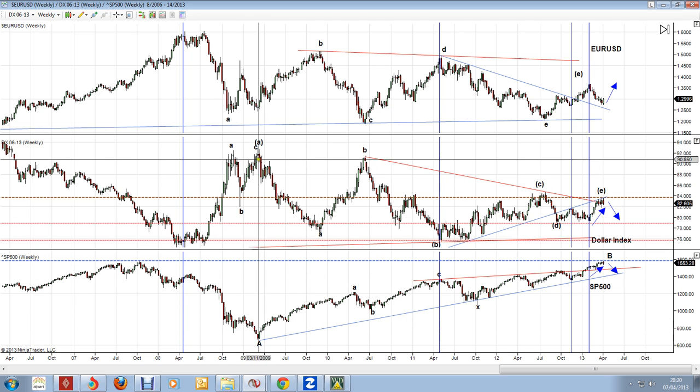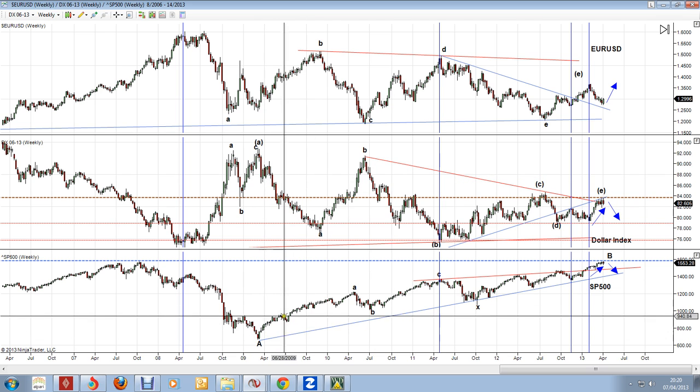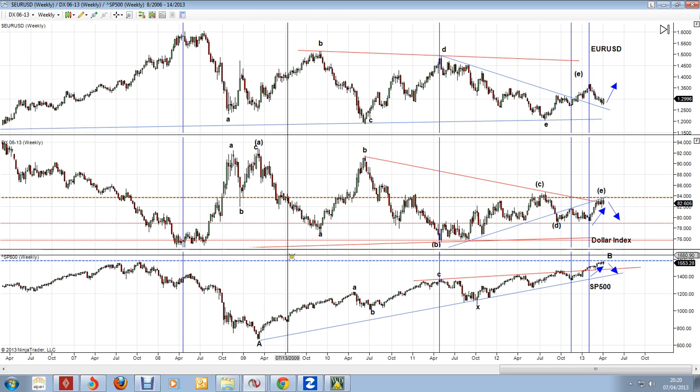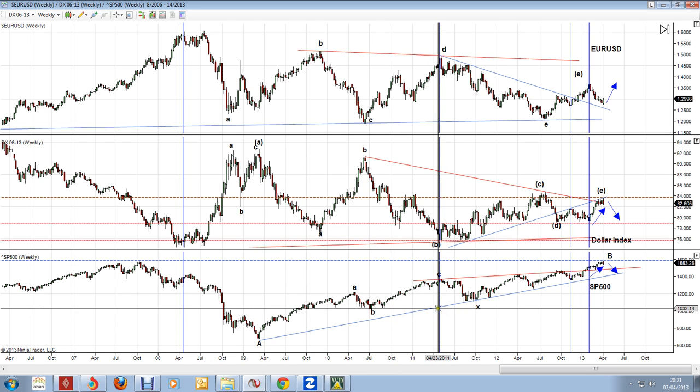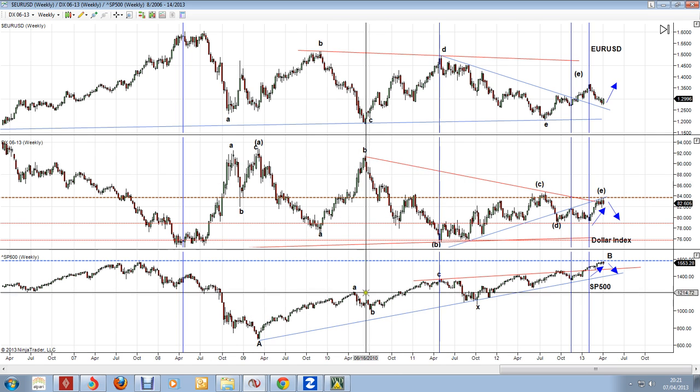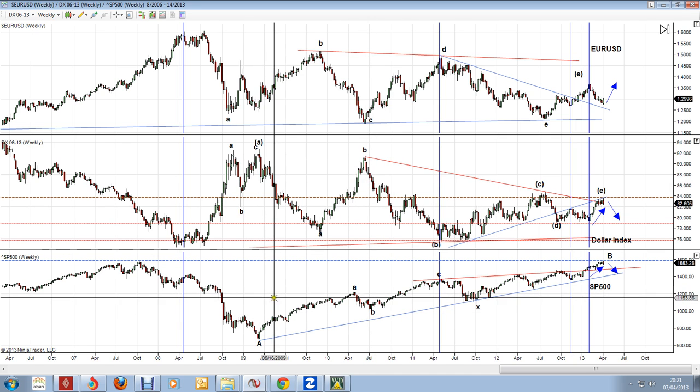Then there are times when the dollar index is coming down and the equity index is going up. Generally that's the relationship, but there are some segments, for example the ones I've marked here, where you see both of them going up together for a short period.